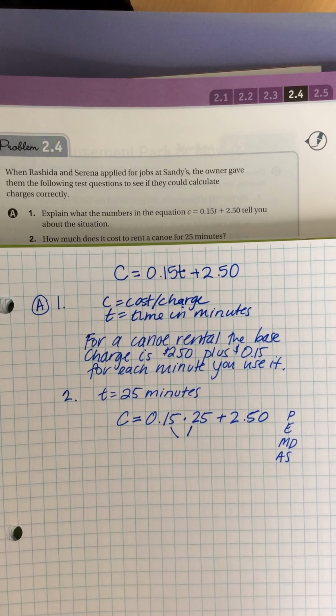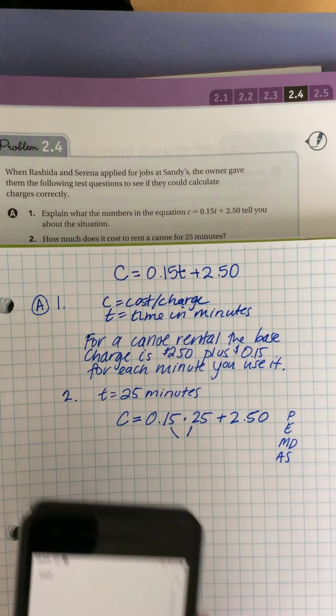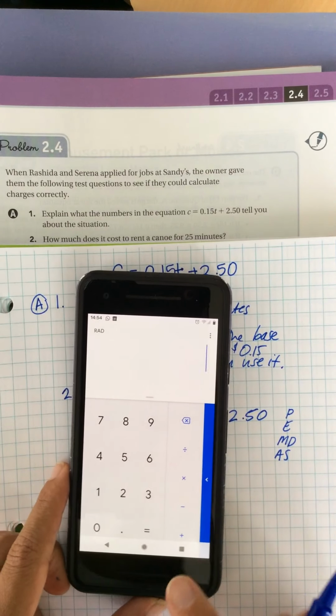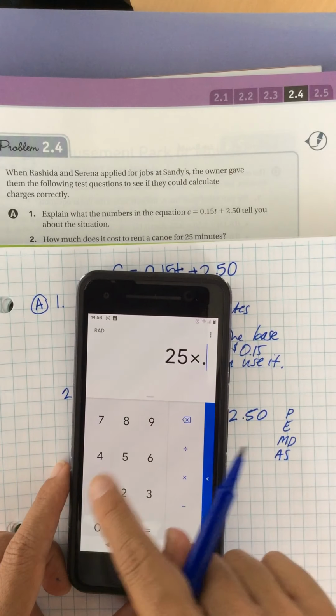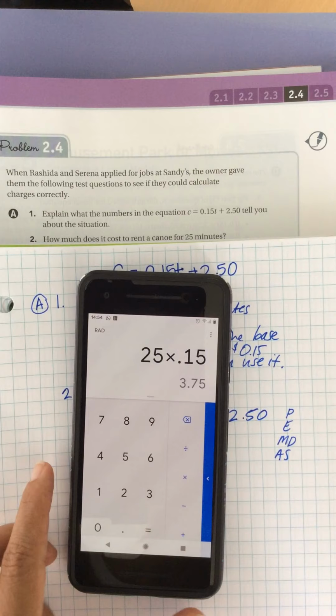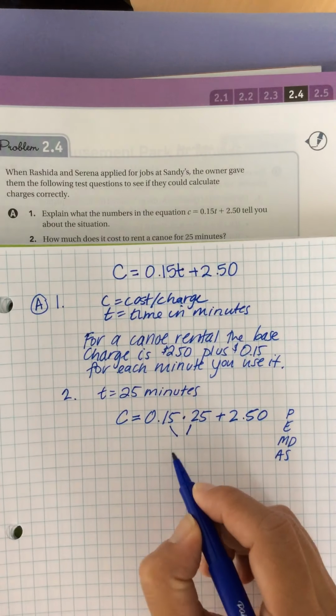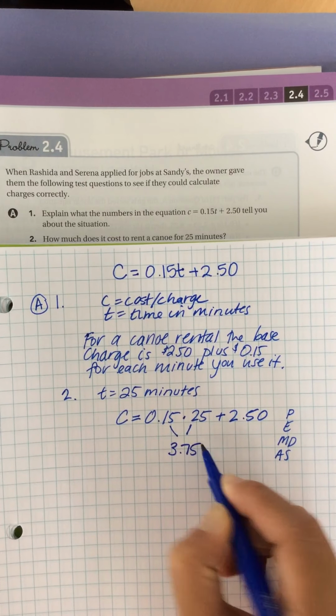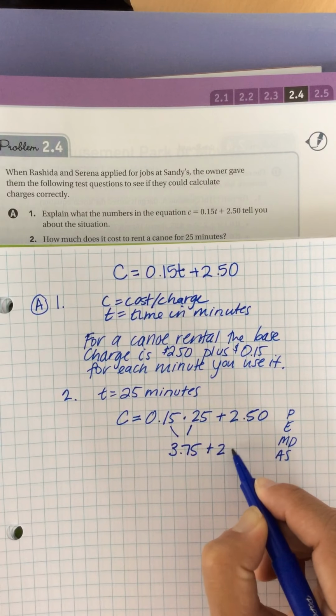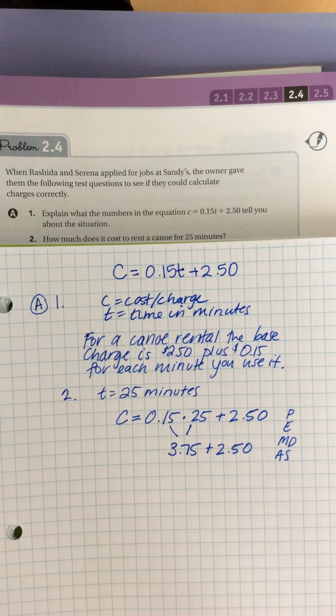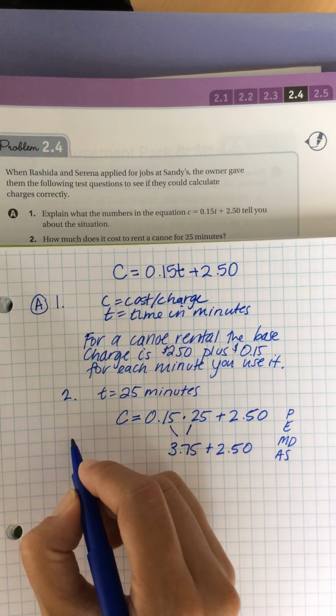So let's go ahead and do that on the calculator. Let's just save some time. Let's do 25 times 0.15. Here, $3.75, okay? So this thing equals $3.75, but we still have to do our addition and add $2.50. We can do that by hand. I'm going to do it over here.